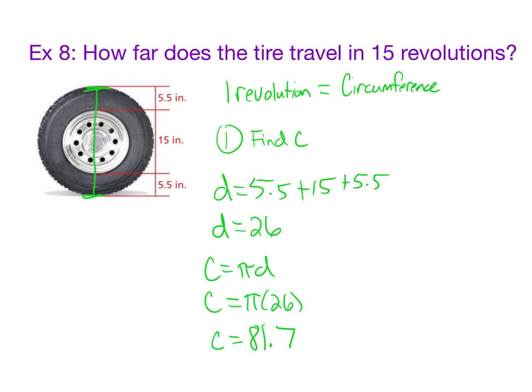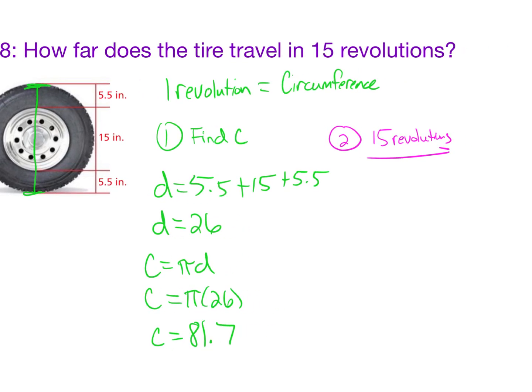Okay, so 81.7. All right, and then step 2 is 15 revolutions. Okay, we're going to solve for it. So we said 1 revolution is equal to 81.7 inches, right? Because 1 revolution is the same as the circumference.